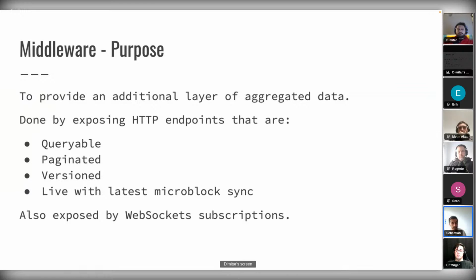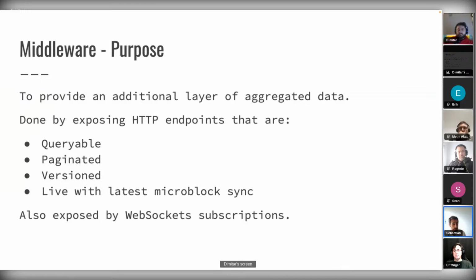We could say it's an aggregated layer of data that the node provides, but with additional features on top of it, like filtering capabilities and being able to retrieve information easily, so users can use that information easily and fast as well.